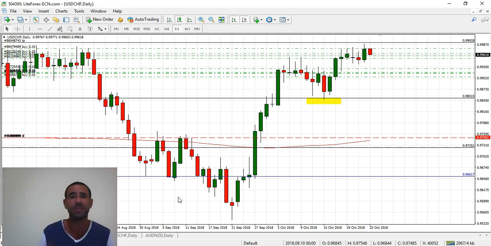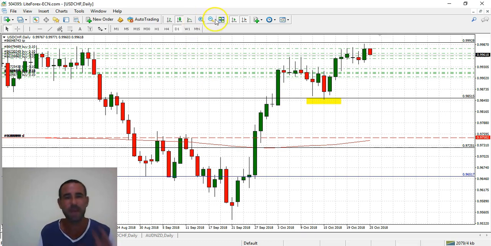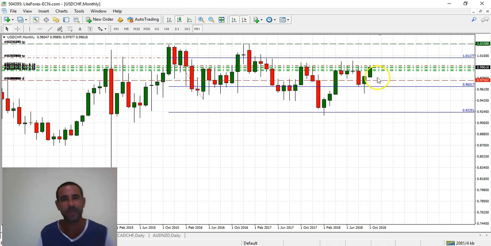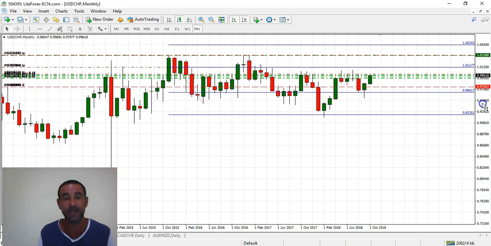I was able to build it up over time, but I did it just because I was using that very same technique I was just talking about. But I want to show you how everything started, right? I was looking at a massive sideways movement that had started to form roughly at 2015.